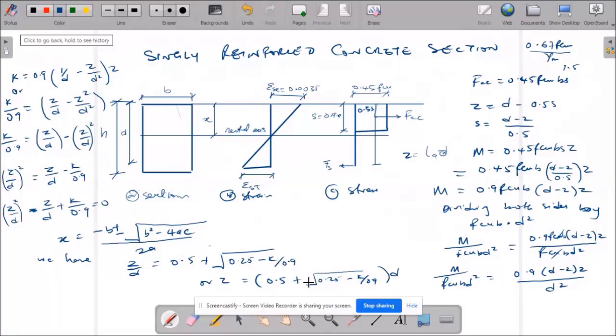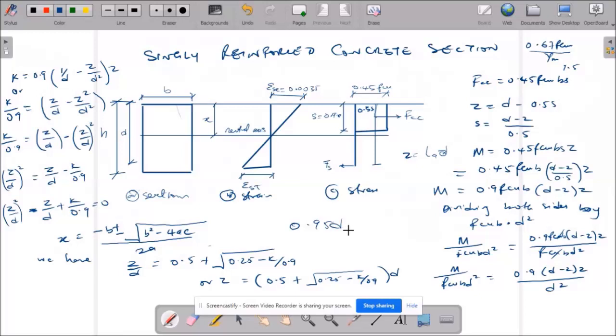So this is the equation for the determination of the lever arm for a singly reinforced section as stated in the code, and its value is limited to 0.95D.